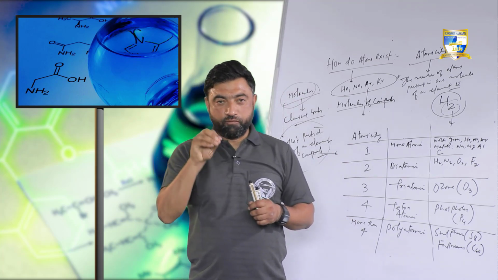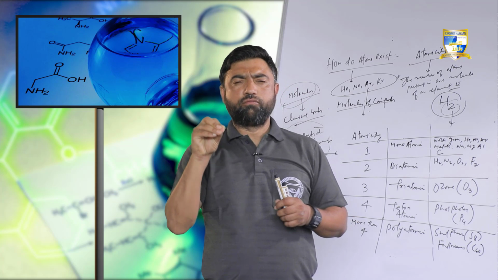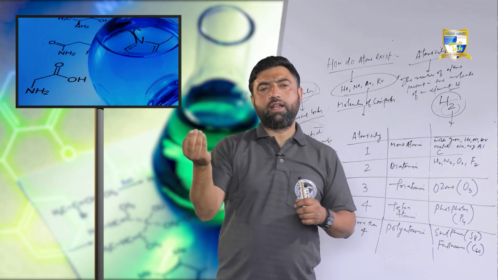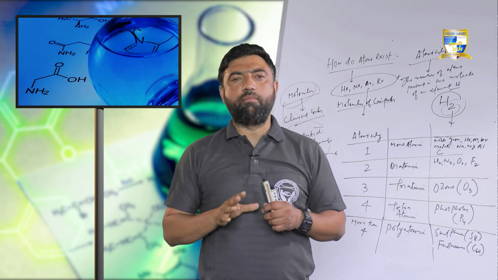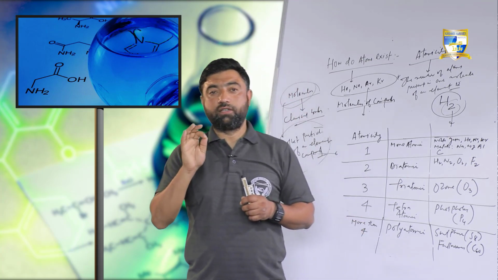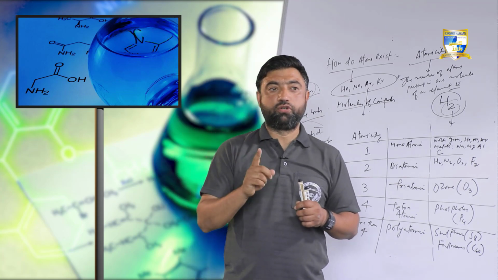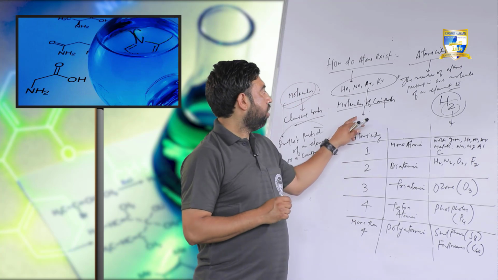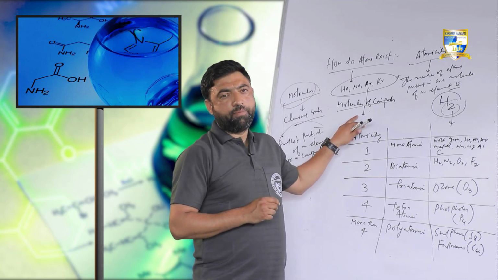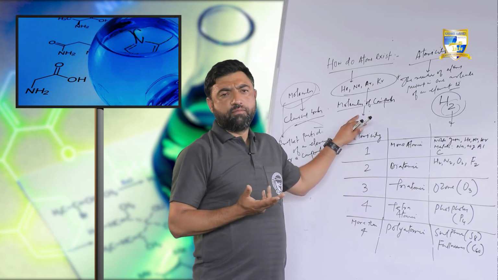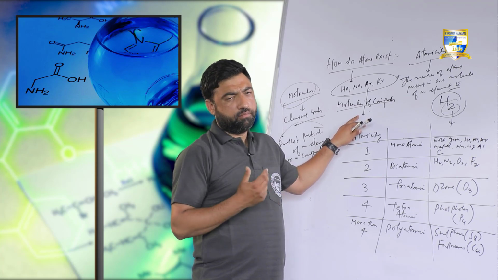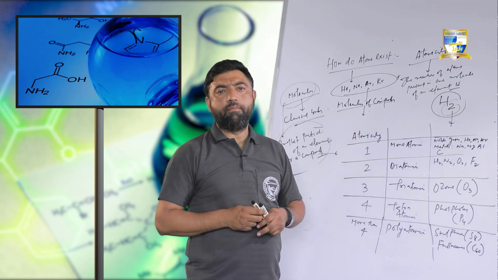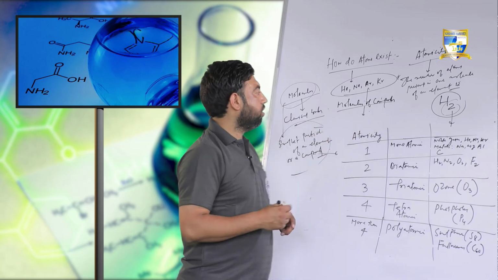Compound formation involves the combination of two or more than two elements, or you can say different atoms combine with each other in a fixed proportion by mass according to the law of constant proportion. So, in a molecule of a compound, different atoms are chemically bonded by means of chemical bonds.